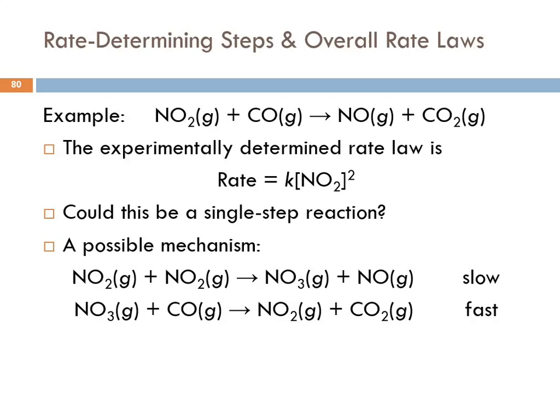So let's look at an example. NO2 reacting with carbon monoxide to form NO and carbon dioxide. Experimentally, we can determine the rate law to be: the rate is equal to the rate constant times the concentration of NO2 squared. How do we determine the rate law?